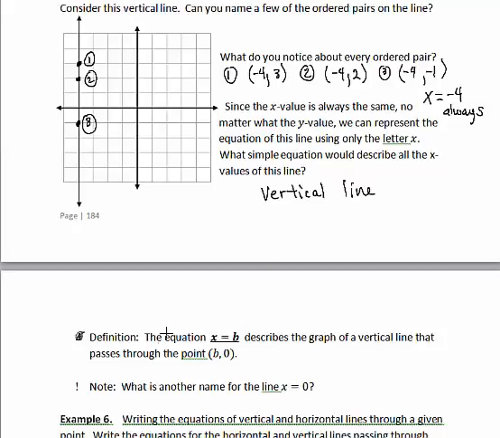So our definition: x equals b, where b could be any number, and it passes through the point (b, 0). So for instance, x equals 2 passes through the point (2, 0). So a vertical line has an x-intercept, and a horizontal line definitely has a y-intercept.